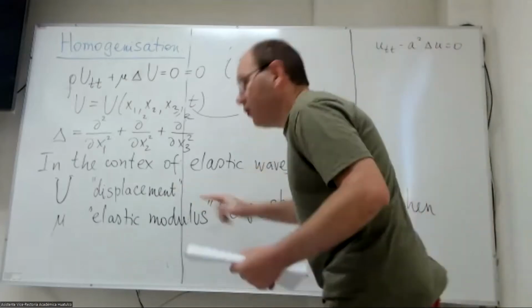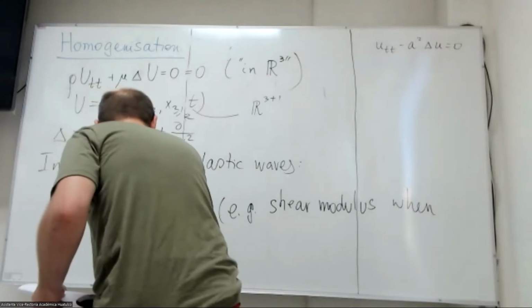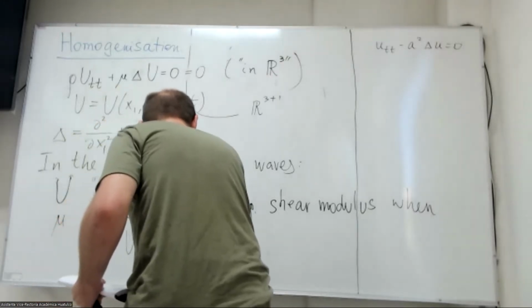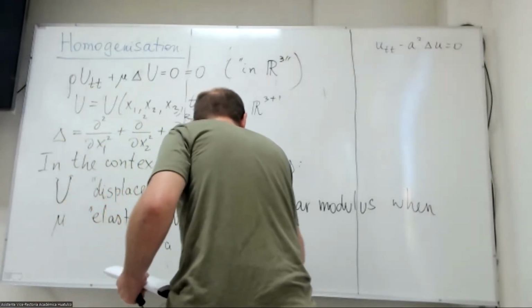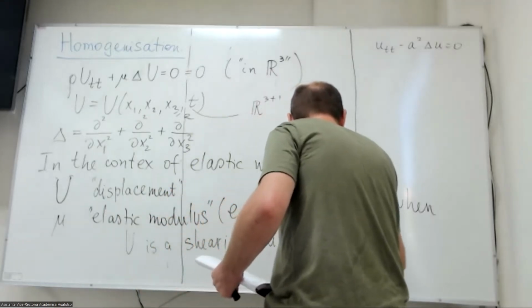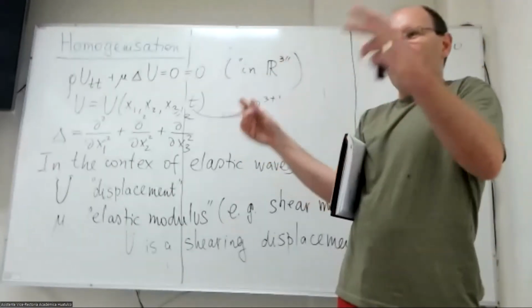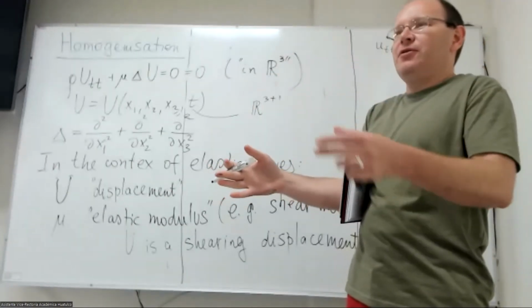When this displacement U represents a shearing displacement, then U is a shearing displacement. To think about shear, you can just think about a block of solid rubber.